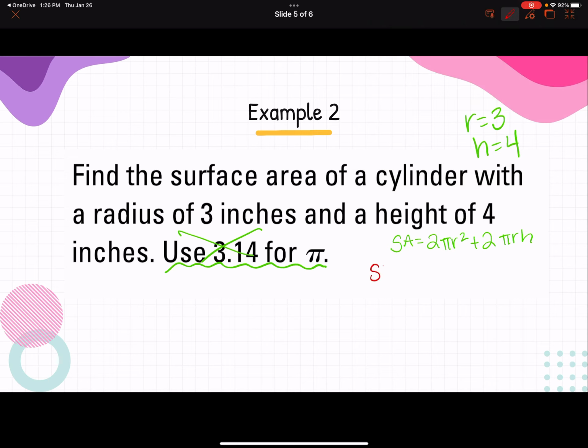Alright, so putting stuff where it goes. I've got 2 times pi times r squared. R is 3 this time. Plus 2 times pi times r, which is 3, times h, which is 4.